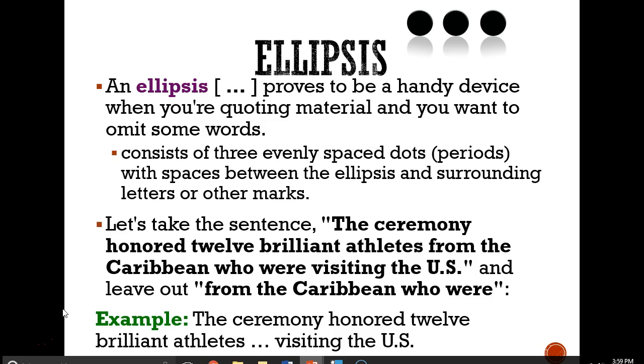Maybe the fact that they're from the Caribbean is irrelevant to what you're saying, or maybe your whole essay is on the fact that they're Caribbean, so you wouldn't need to be repetitive in that sense. If you look, there's a space right after the word athletes and right before visiting, and these periods are evenly spaced among themselves. Please make sure that you have all 4 of these bullets written down before you move on to the next slide. Feel free to pause, because some of us write faster than others, and that way you can have the screen in front of you as you're writing down the notes.